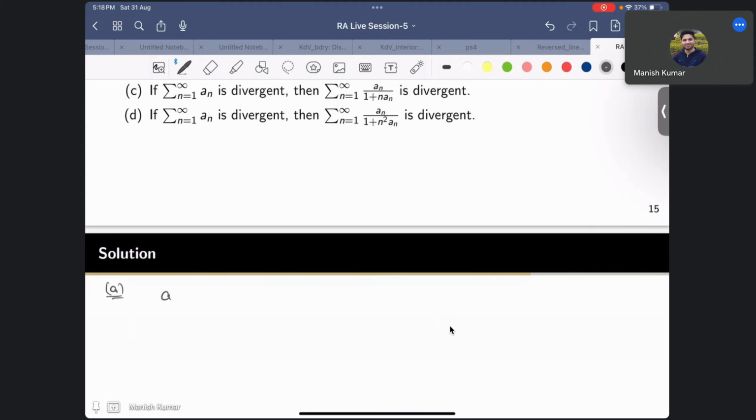So a_n upon 1 plus a_n is less than equal to a_n. Is this true? This is easy, no?